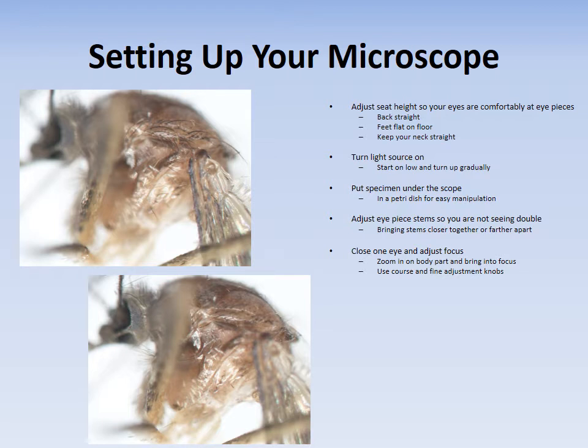So once you have your eye closed and that part is in perfect focus with the one eye, well, here, looking at this spiracle on the bottom is in perfect focus, and at the top, it's not in perfect focus.